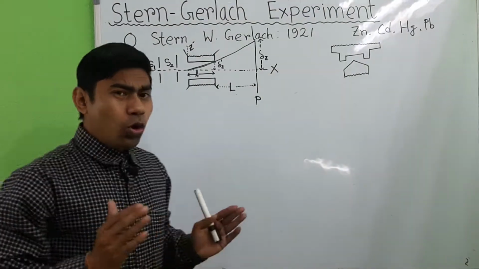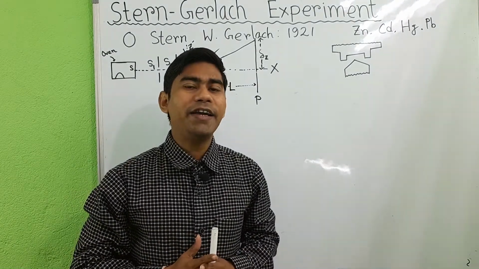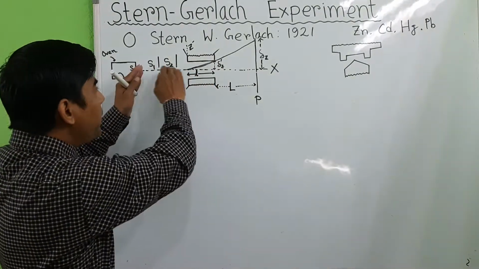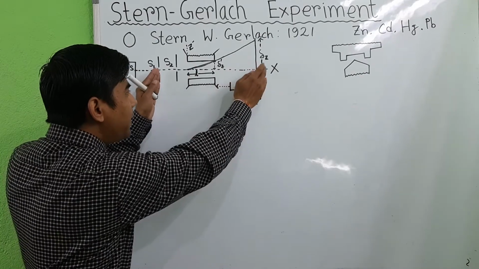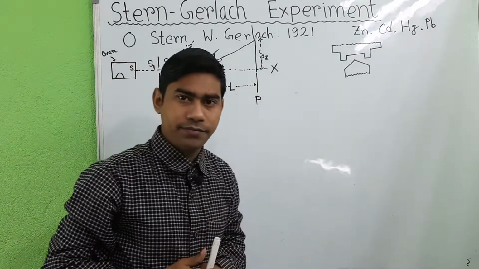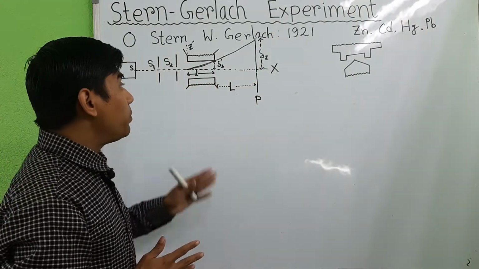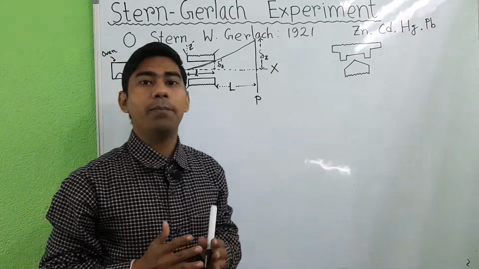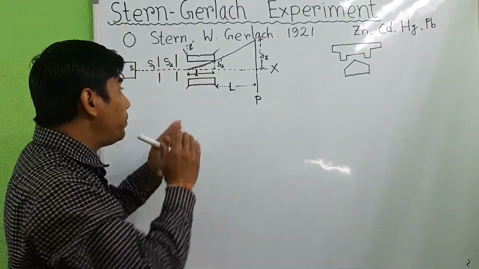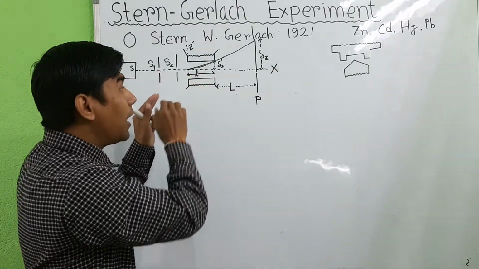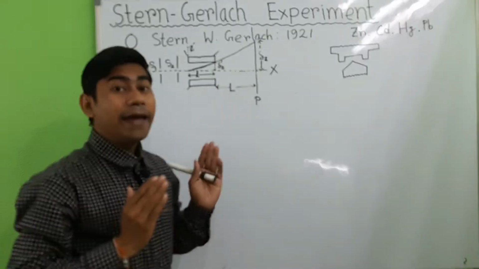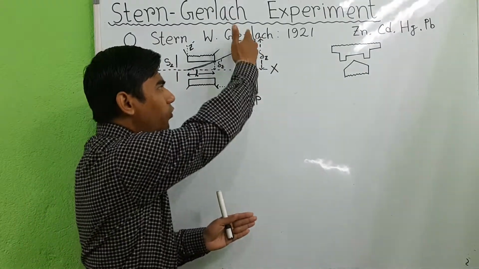When there is no magnetic field, the atomic beam travels undeflected towards the plate P. That is, before the application of the magnetic field, the beam of silver atoms is observed to produce a linear trace on the photographic plate.